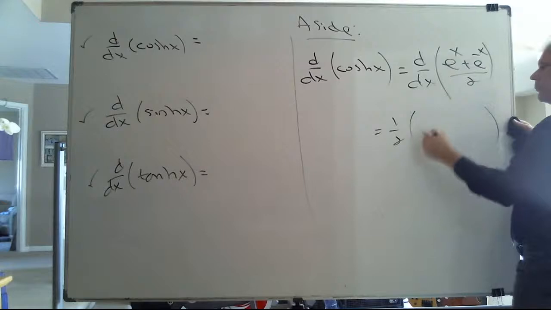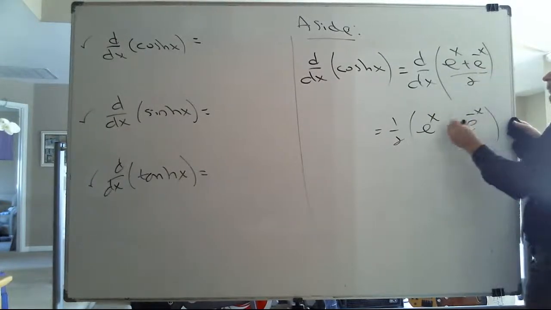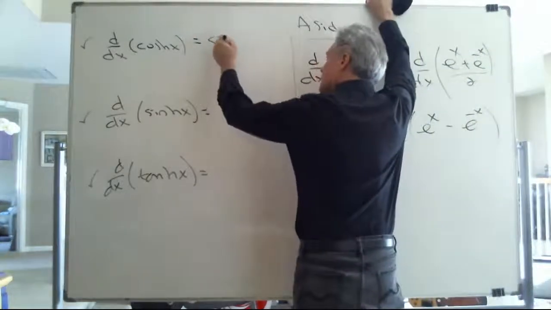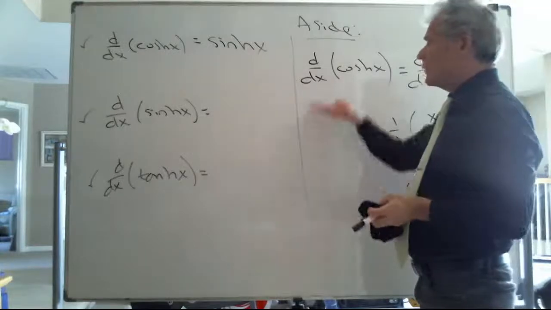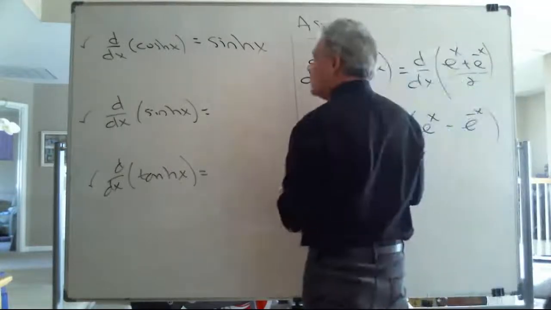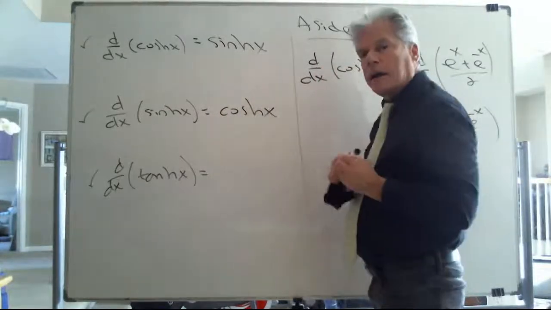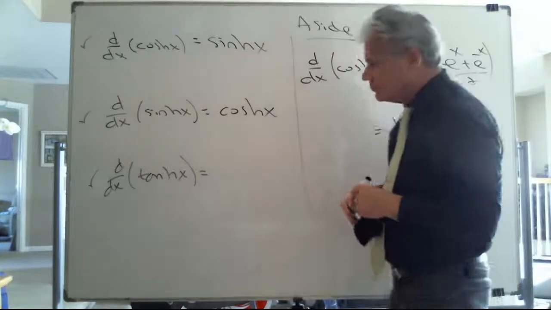Differentiating the first term and differentiating the second term with the chain rule. But in the end, isn't that just this? Using exactly the same process, down here, I should get this. Notice, unlike with my circular functions, I don't get a sign change here.